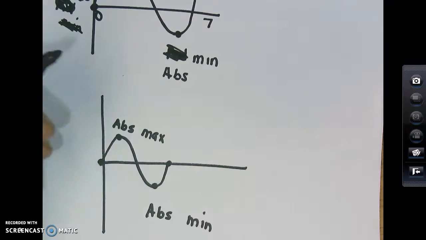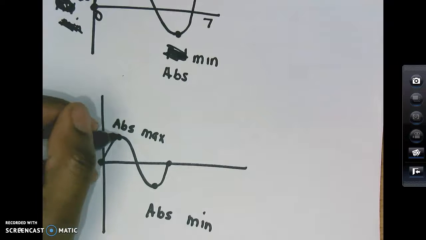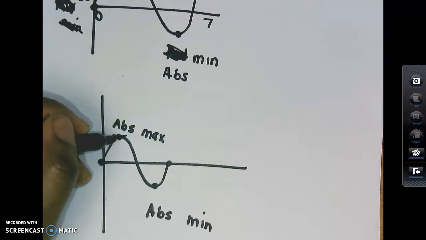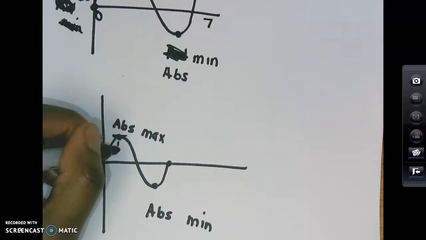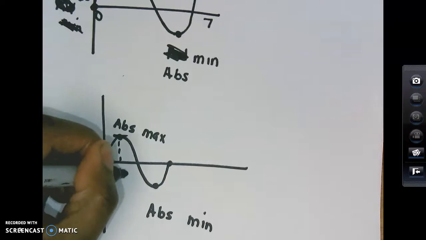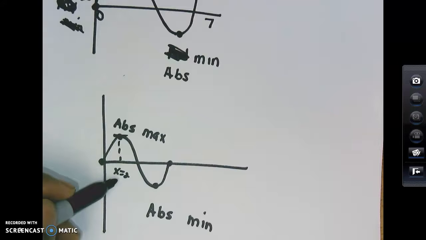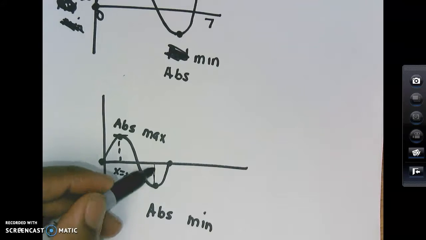And so if you look here, you have a critical value at this particular number, and we know we have a critical value at, let's just say, x is equal to 2, because our derivative is going to be 0. So anywhere the first derivative is equal to 0, we know that that's going to be a critical value. So we also have a critical value here.